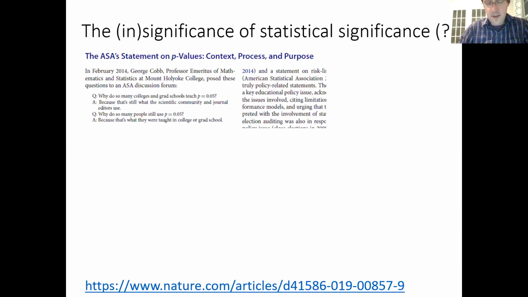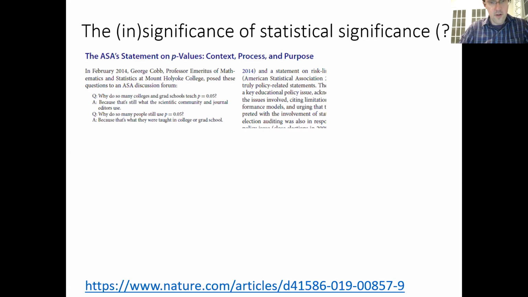But that is indeed what many people end up doing, as opposed to just using it as a piece of information to help you make a decision. Why do so many colleges and grad schools teach p equals 0.05? That's what the scientific community and journal editors use. Why do they use it?